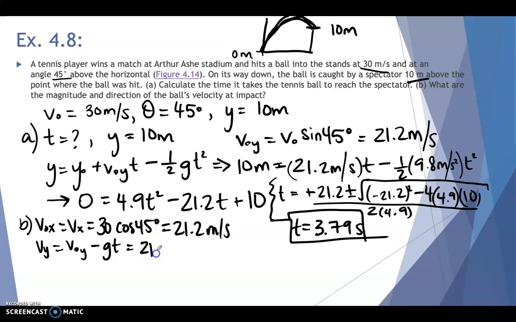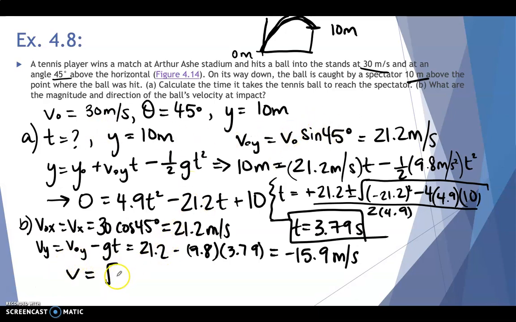We have 21.2 minus 9.8 times the time we just found, because we're again trying to find the velocity at impact. So then we get v sub y equals negative 15.9 meters per second.